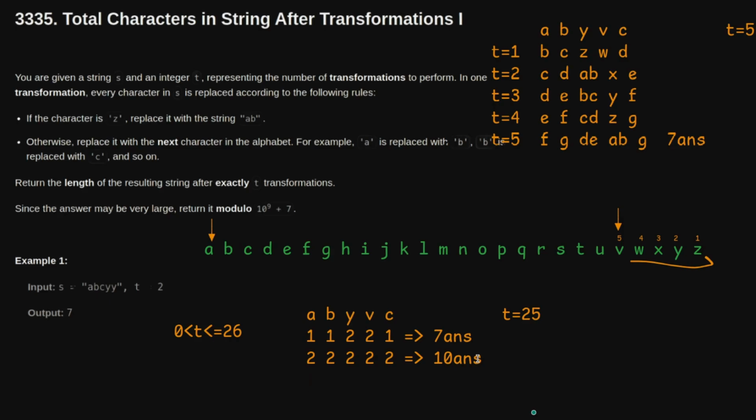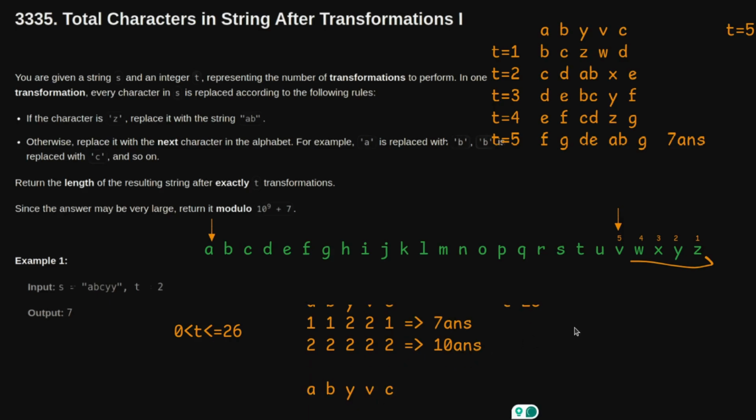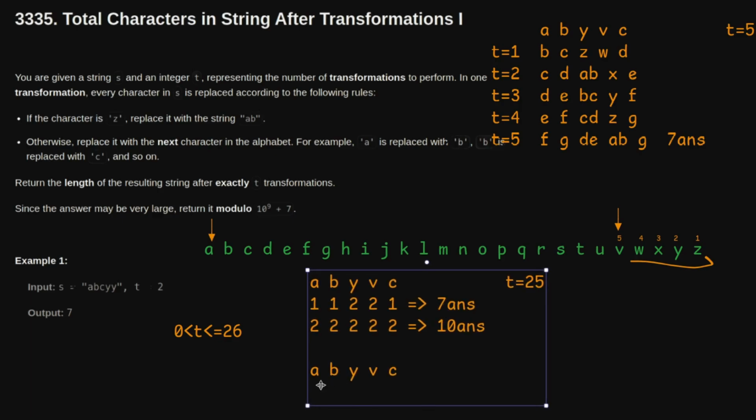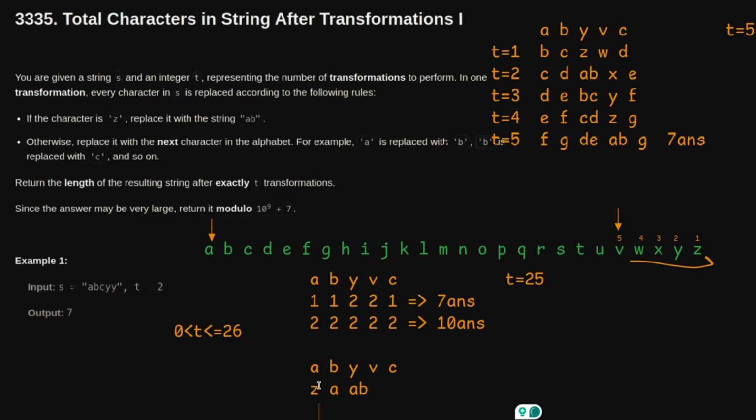I am supposing that after the first iteration, that is 0 to 25, A has been converted to Z, B has been converted to A, Y has been converted to X. That we cannot say, because in between Z has come and Z has replaced this with AB, and now AB is further replaced, like A has been converted to Z or B has been converted to A. This will work internally.